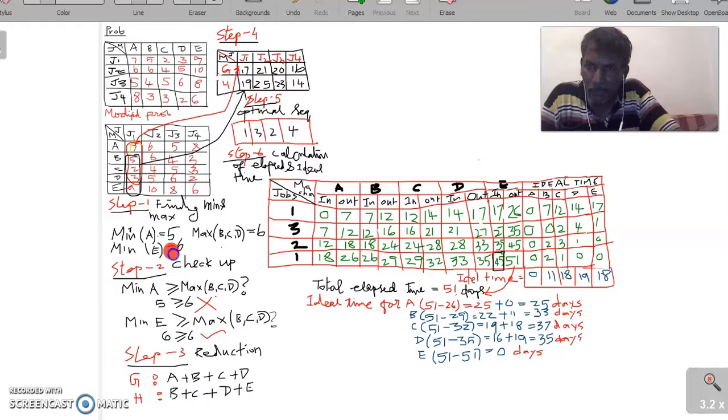Then afterwards, what is the maximum among the time taken by B, C, D? You search for the maximum processing time. Yeah, 6 days. So 6 days is the maximum among the machines B, C, D. Okay, right.